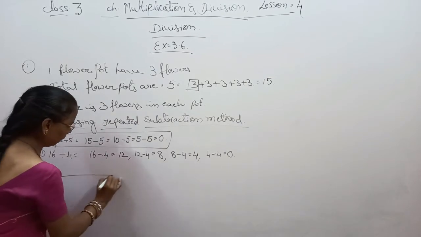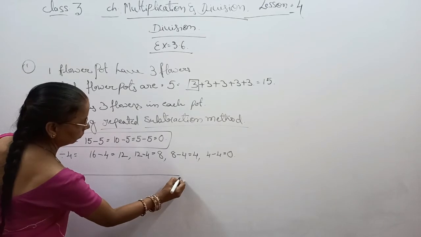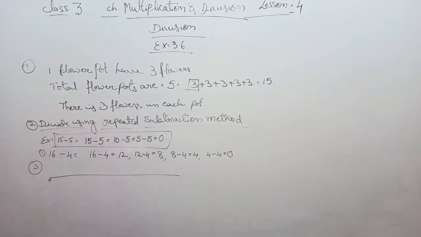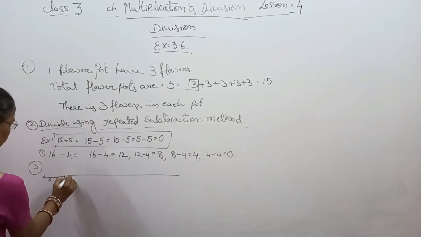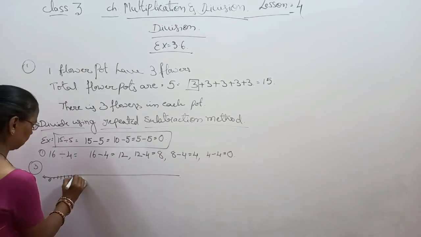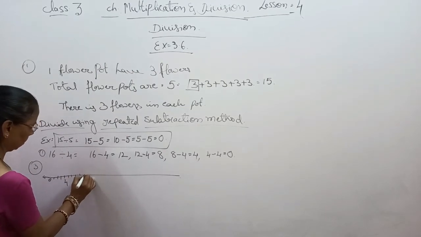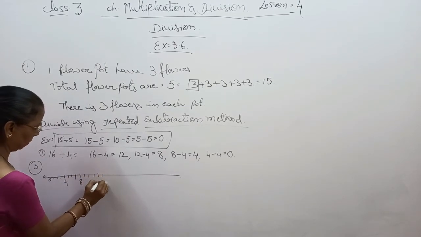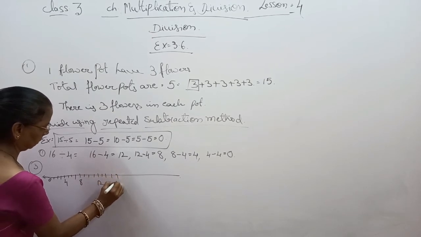A number line is given, where there are the numbers 0, 3, 4, 7, 8, 9, 10, 11, 12, 13, 15, 16.